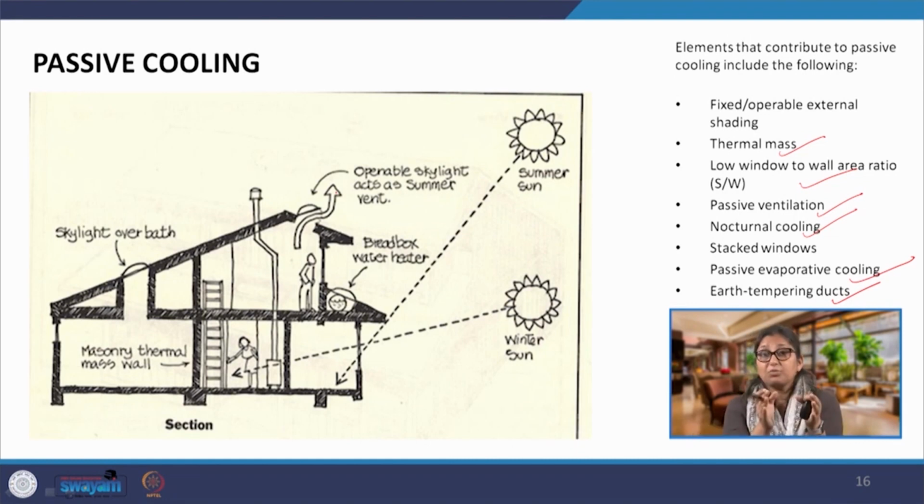We will look at some of the advanced cooling and heating strategies, some of which I have just mentioned here, in the next lecture, but largely these passive design strategies help us in designing buildings which are passively comfortable. We do not need to put in a lot of energy externally to make these buildings comfortable.